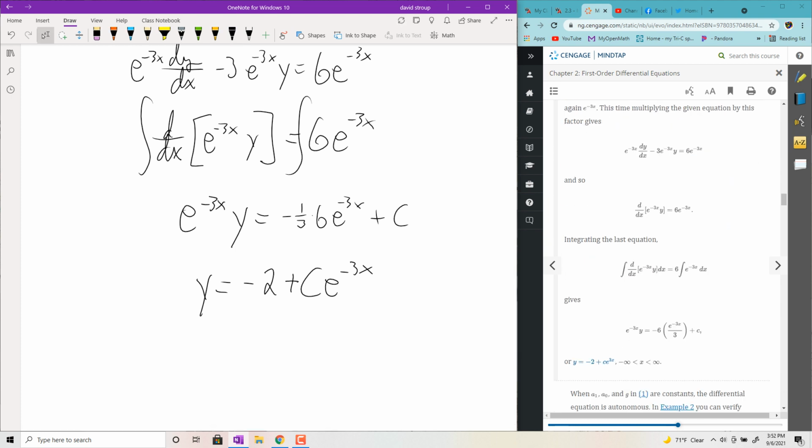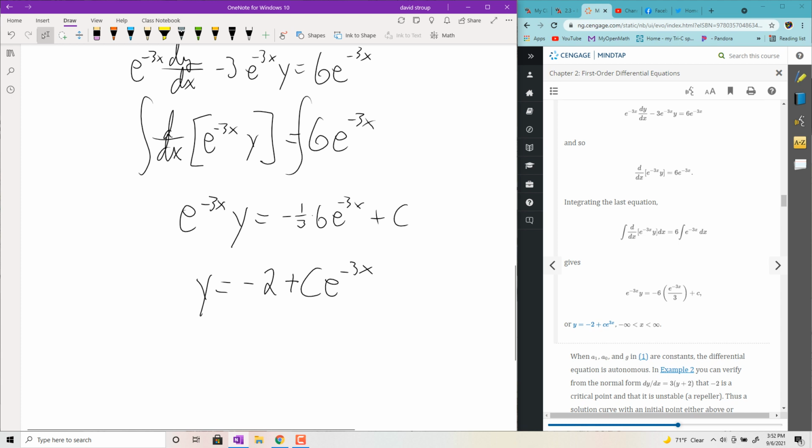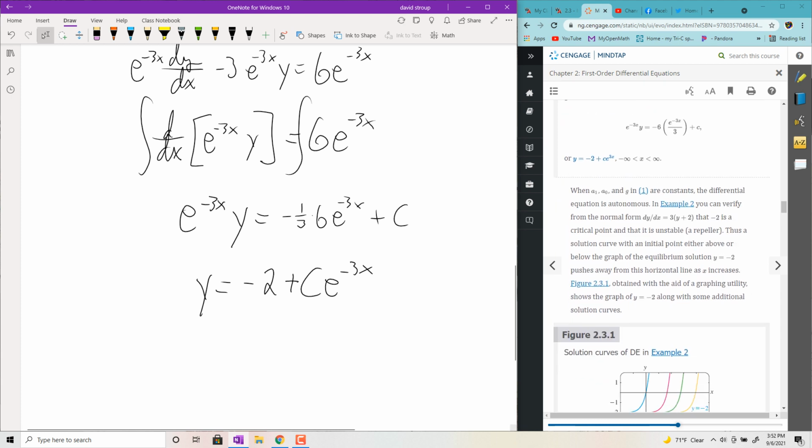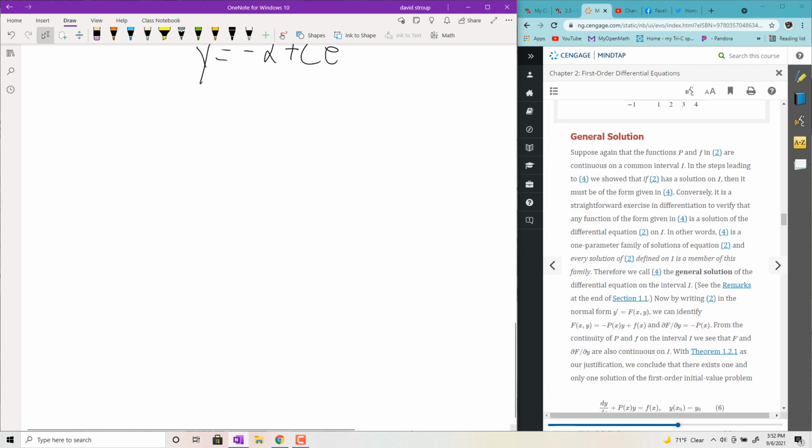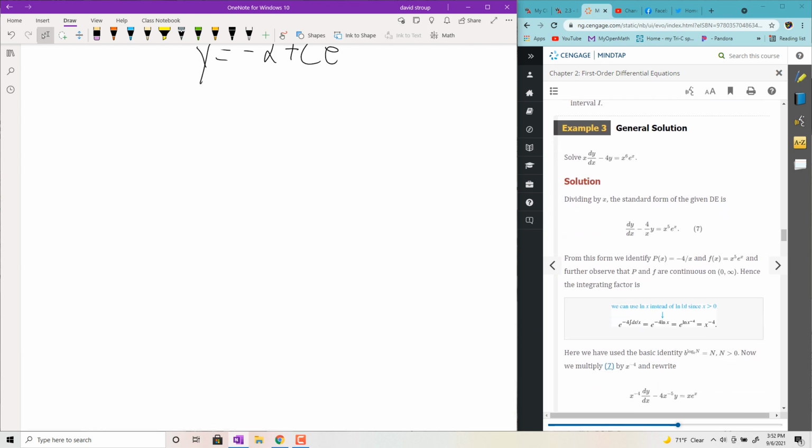Again, there are no issues with these things called transient terms, which I'll talk about once we see one. Okay, let's look at example 3.